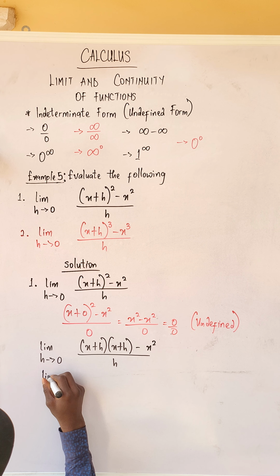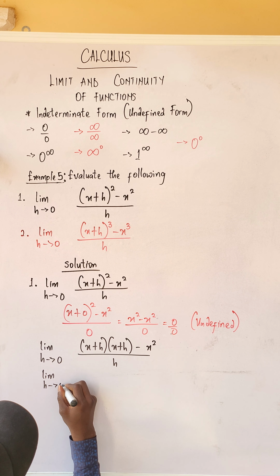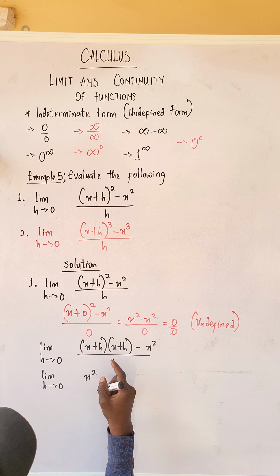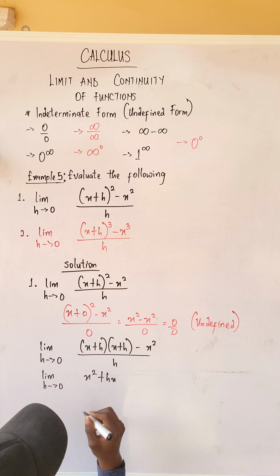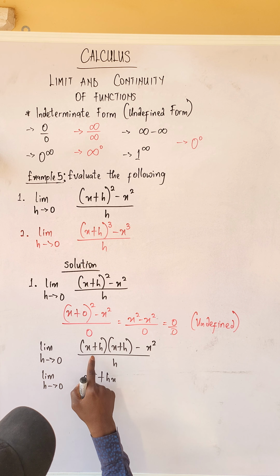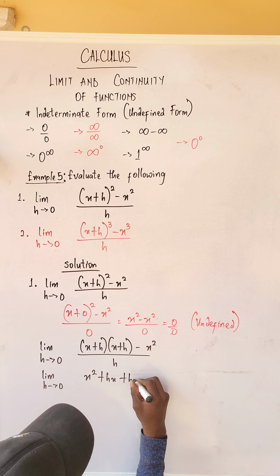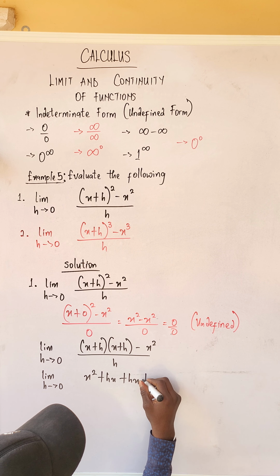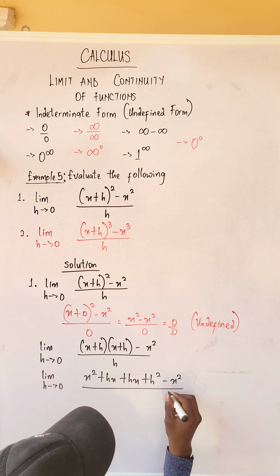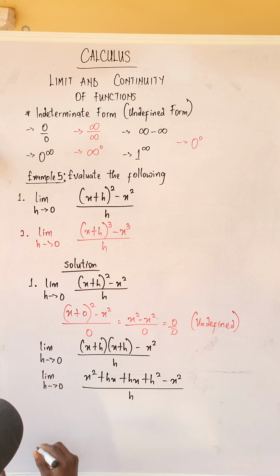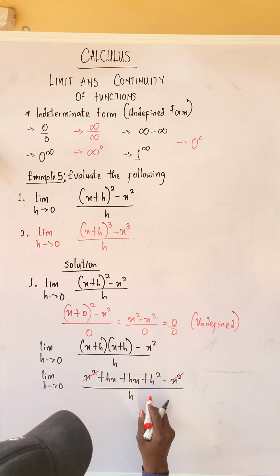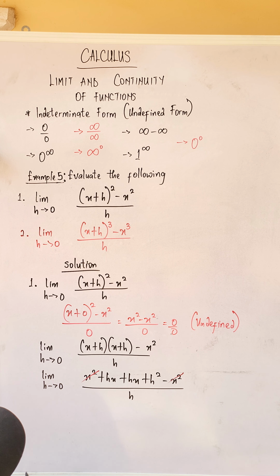We still write the limit as h tends to 0. x times x gives x squared. x times h gives plus hx. h times x gives plus hx. h times h gives plus h squared. Then minus x squared at the back, over h. This minus x squared cancels this x squared.